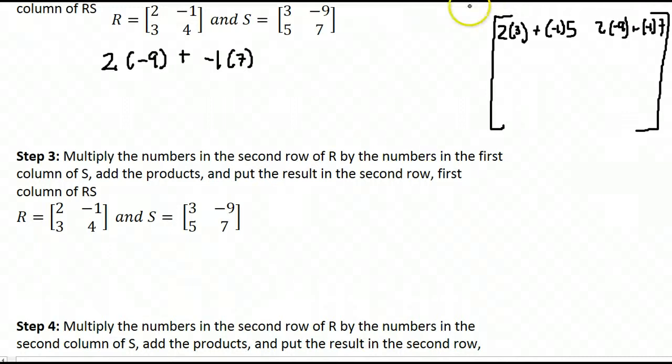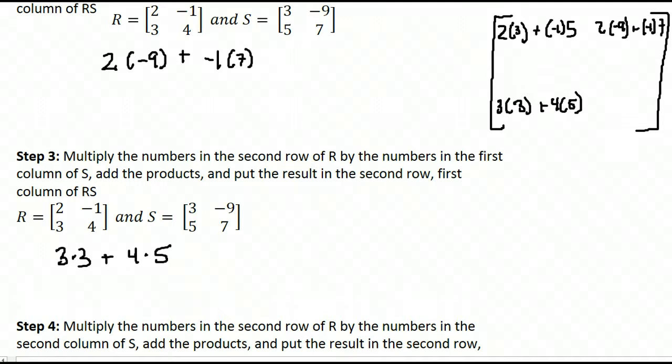Now let's look at step 3. Steps 3 and 4 are dealing with the second row. What we do is take the second row of R and multiply it again by the first column of S. The second row is 3 and 4, and the first column is 3 and 5. So we get 3 times 3 plus 4 times 5, and we write that in our matrix.